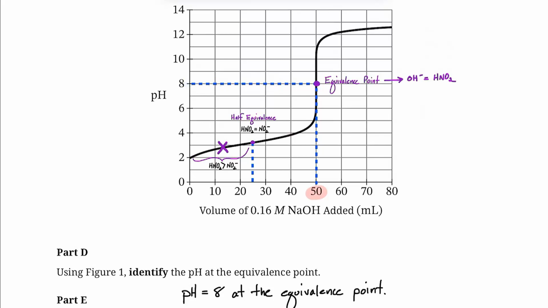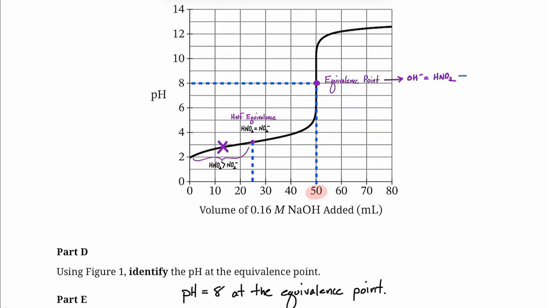We should recognize that pH should be above 7, because what we're doing here is creating a conjugate base. This acid is going to dissociate into a proton, and more importantly, into a conjugate base, NO2-1.